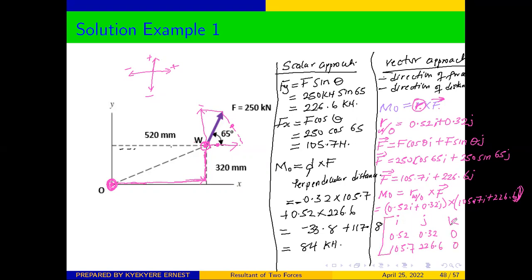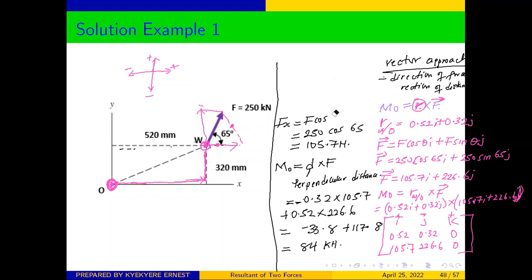So once you have done this, we know that when we want to determine the determinant, the signs are plus, minus, plus. So from here, we can get our components for I, J, and K. So quickly, let's look at how to do that.